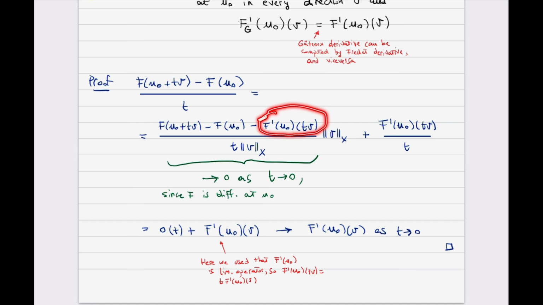So here's the first one and here's the second one, and then we multiply and divide this first fraction by the norm of v with respect to the norm in x. Now this first bit goes to 0, because f is Frechet differentiable at u0.